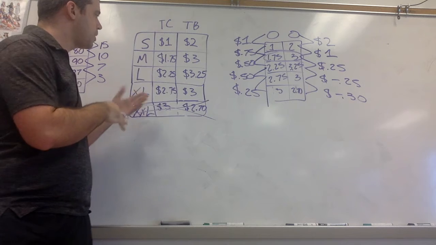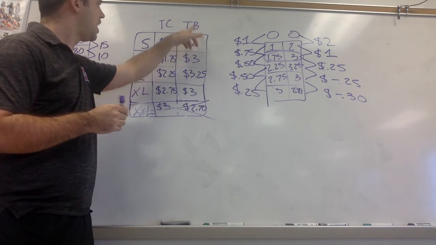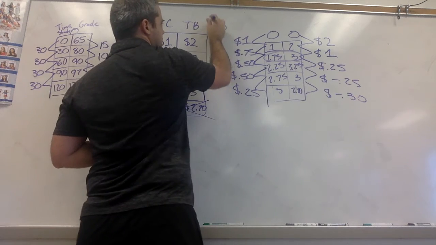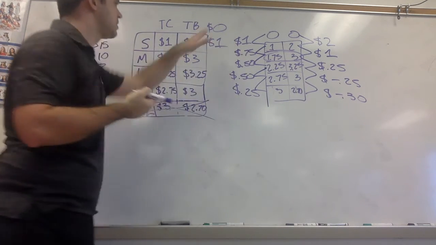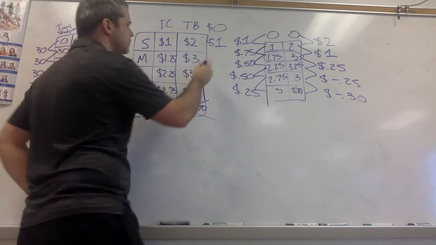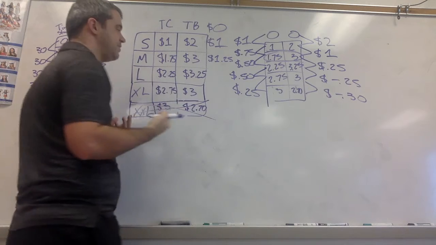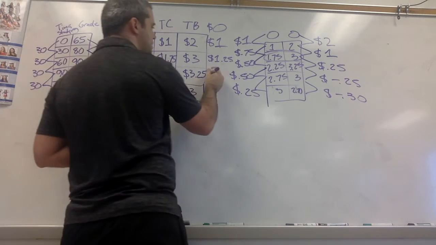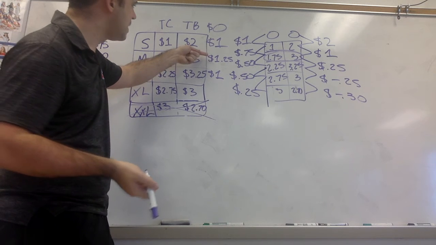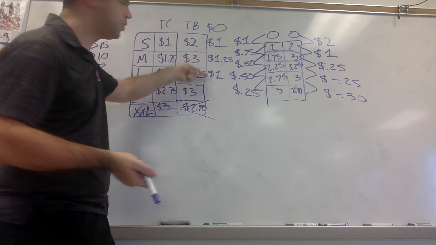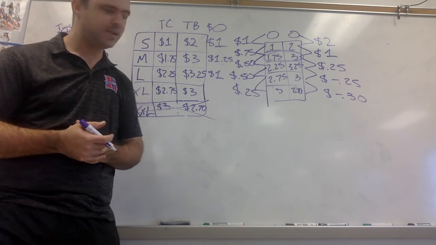And this is borne out if we subtract these. So 0 minus 0 is 0. 2 minus 1 is 1. This is our net benefit. Here our net benefit is $1.25. Here our net benefit is $1. So do you see how going from a medium to a large, we actually got less net benefit?